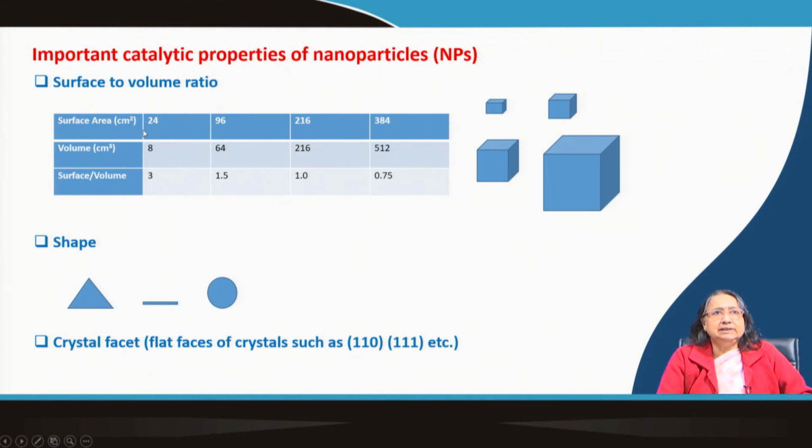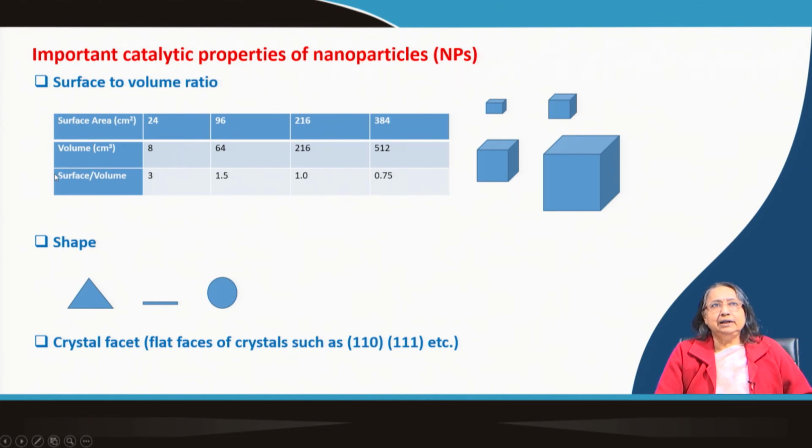Then you can calculate the surface area. There are 6 surfaces, so you can calculate easily. Then volume is this one, surface area is this one. So, what is the surface to volume ratio? You can see that as the size is increasing, the surface to volume ratio is decreasing.